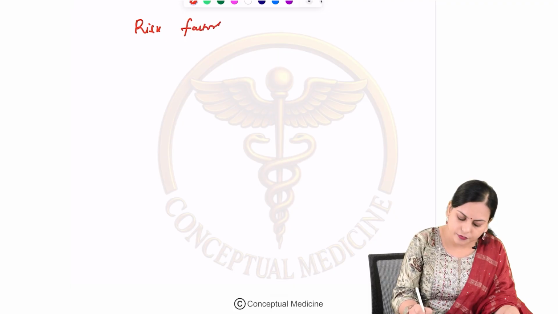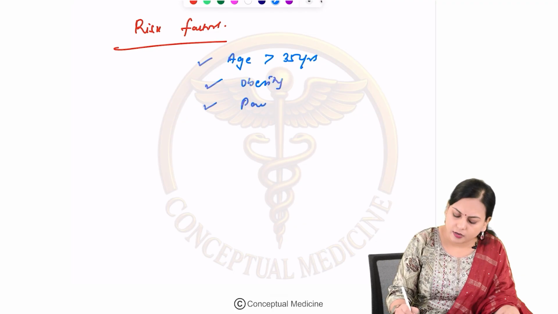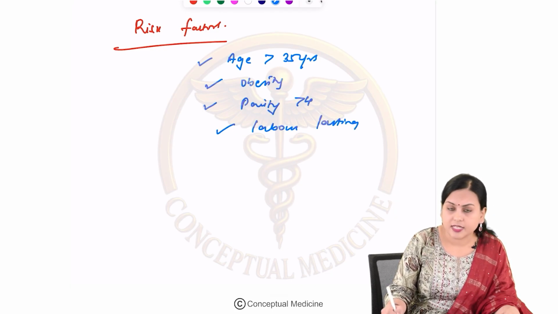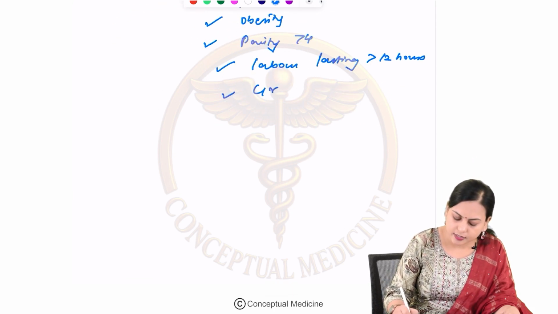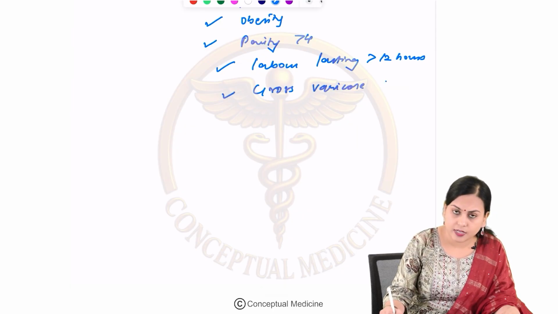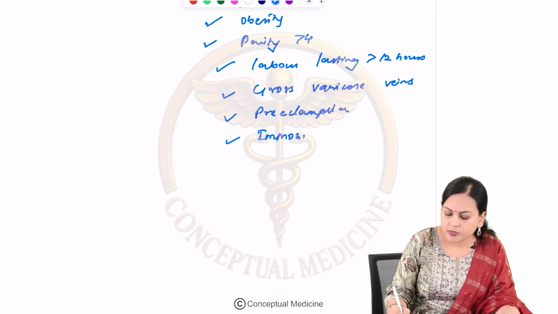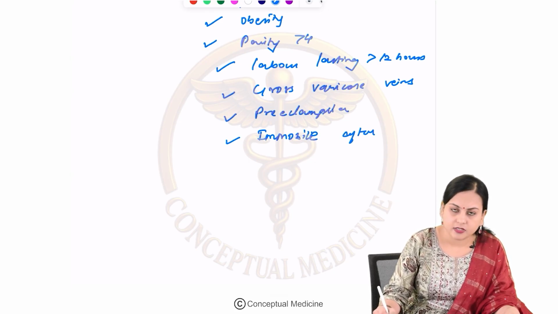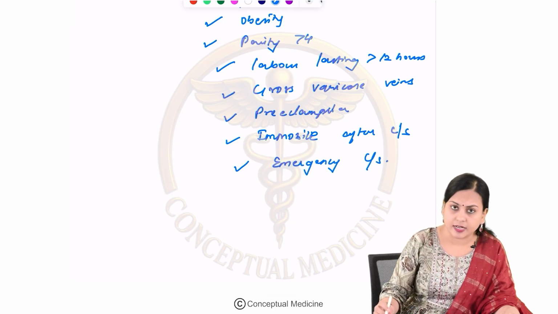Risk factors include when the woman is above 30 years of age, she is obese, her parity is more than 4, she has a labor lasting for longer durations, about 12 hours, and she has gross varicose veins, or there was a history of preeclampsia in the antenatal period, or if she was immobile after any surgery like cesarean section, or she underwent an emergency cesarean section.